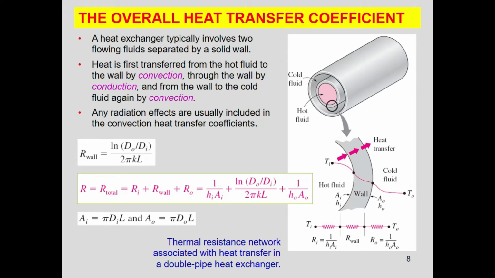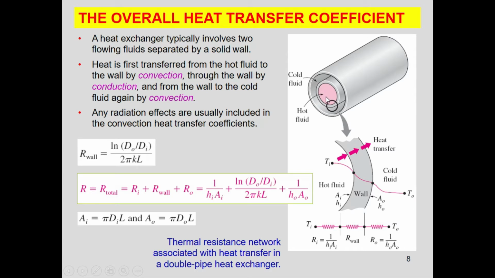So the transfer of heat from the hot fluid to the wall, then through the wall, and then from the wall to the cold fluid involves three processes: two convection processes and one conduction process. For example, this is a double pipe heat exchanger, and this inner pipe has the hot fluid and the annulus area has the cold fluid.